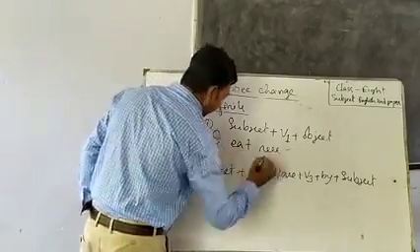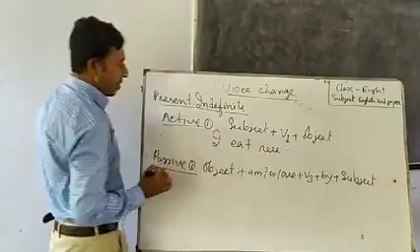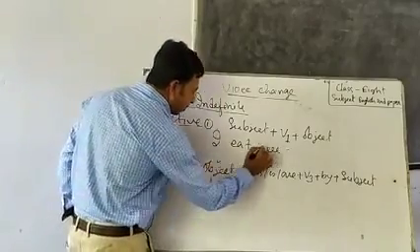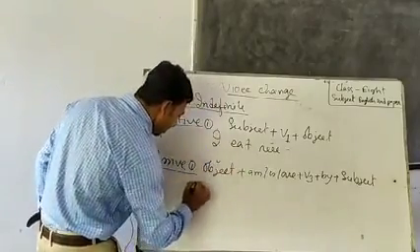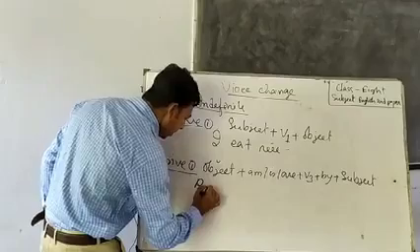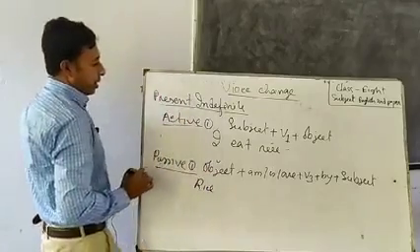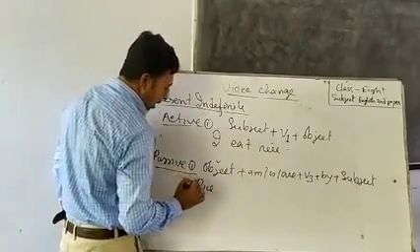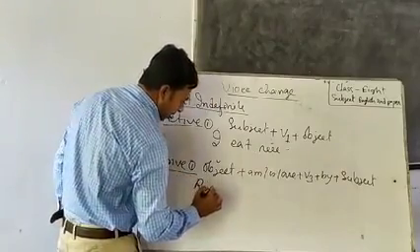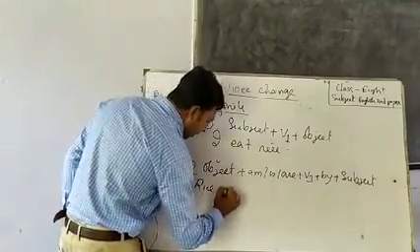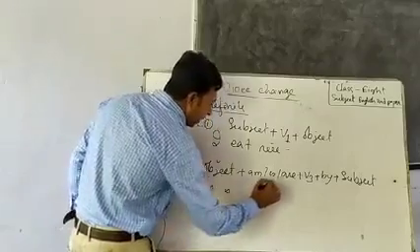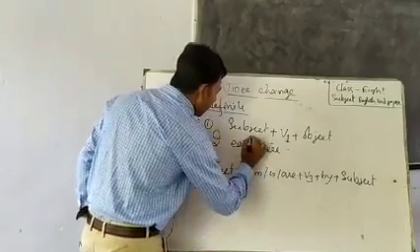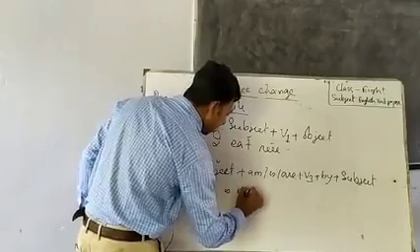I change this sentence into passive. First I write object. Object is rice. Then I write auxiliary verb according to number and person. Is. Then I write verb 3. Verb 3 is eaten.